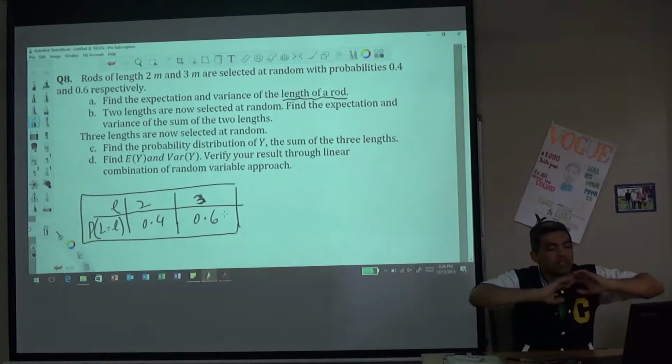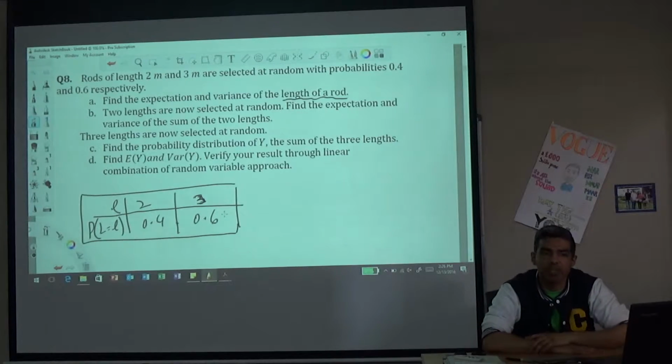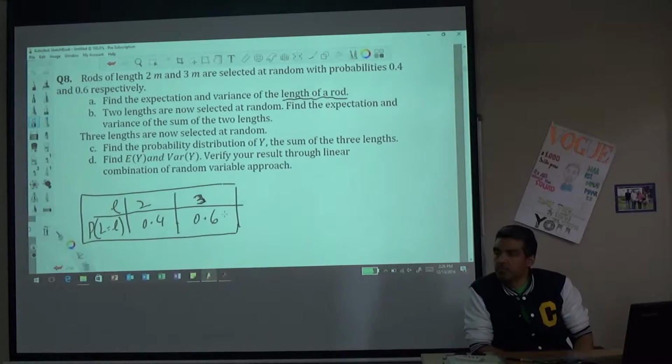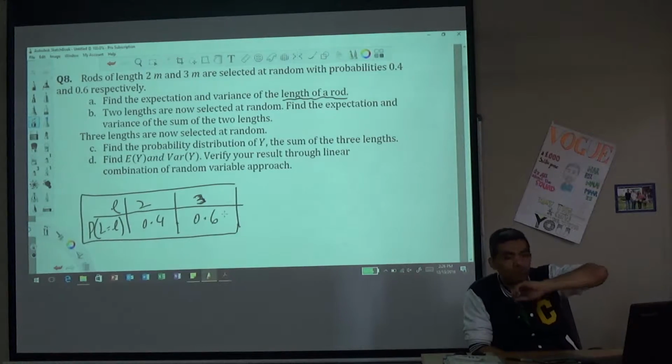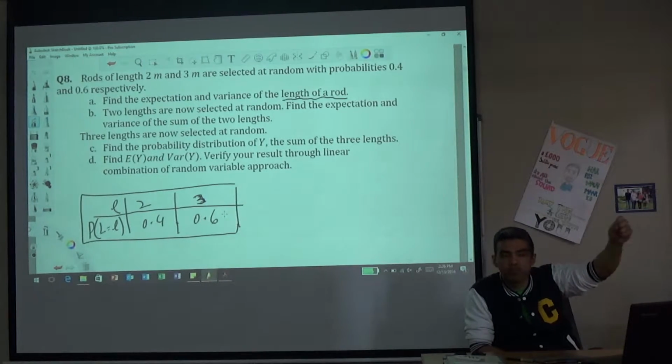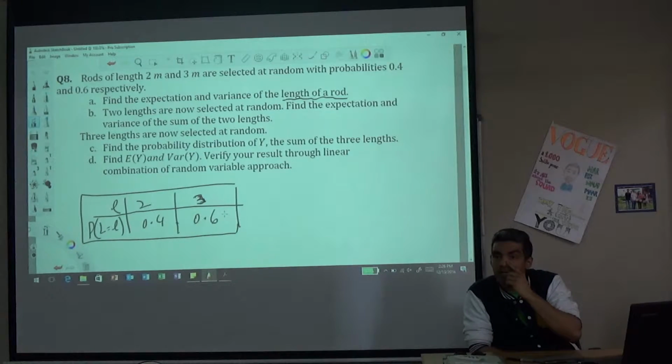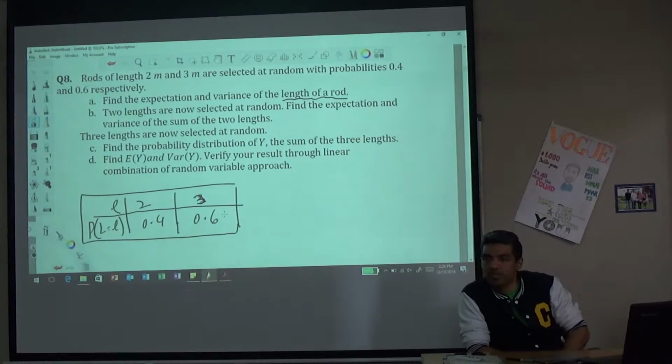Maybe there's a huge inventory where you have many rods placed, and they are all either of length 2 meters or 3 meters. These are the only 2 types of rods in the inventory, because the total probability is 1, which means there's no other rod.